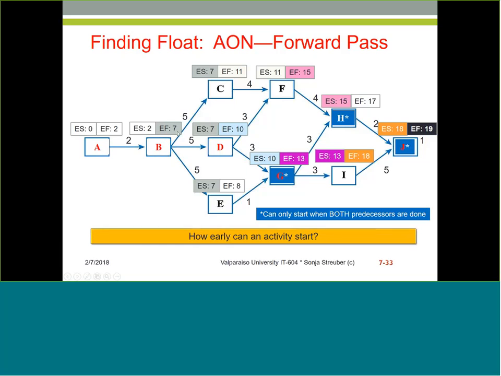Let's go to task C. The early start for task C is 7, because that's when B finishes. And because C is 4 days long, the early finish is 11. For F, the early start would be the end of C, 11. And then the early finish would be 11 plus the 4 days that F takes to complete, so the early finish would be 15. And so on and so on.